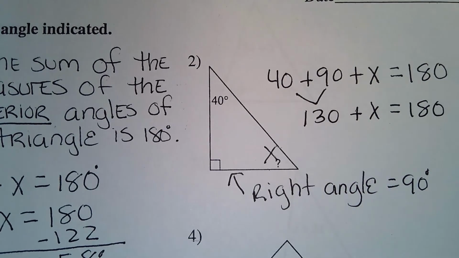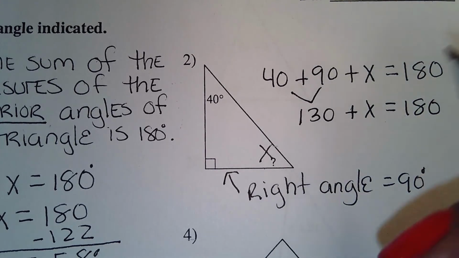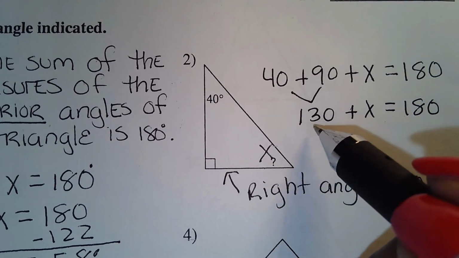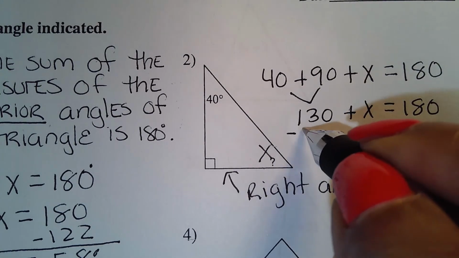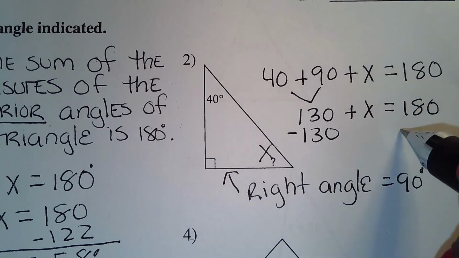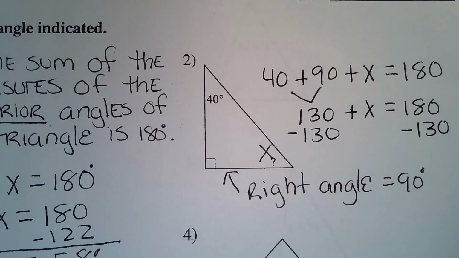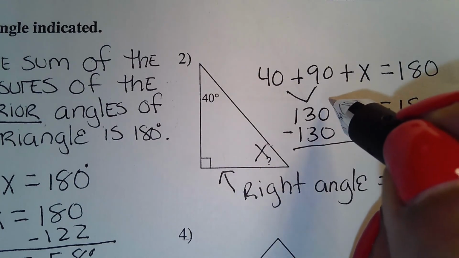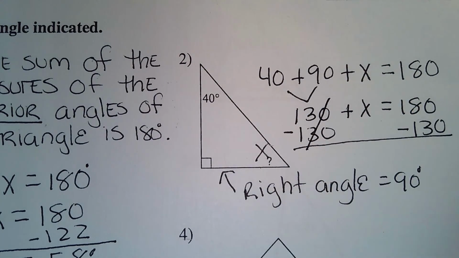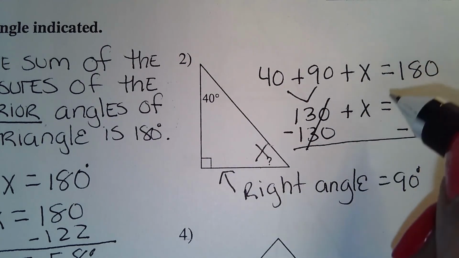Bring everything else down. And now I need to get X by itself by doing the inverse of positive 130, which is going to be minus 130 from both sides of the equal sign. 130 minus 130 is 0, or we just say that it cancels.